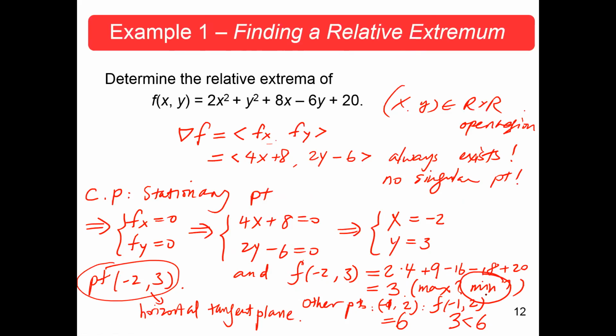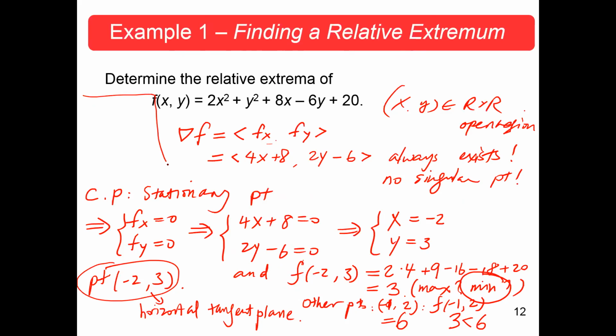Makes sense? Is that clear? Our function value is lower than any other function value, therefore this function value would be a relative min, right? Okay.